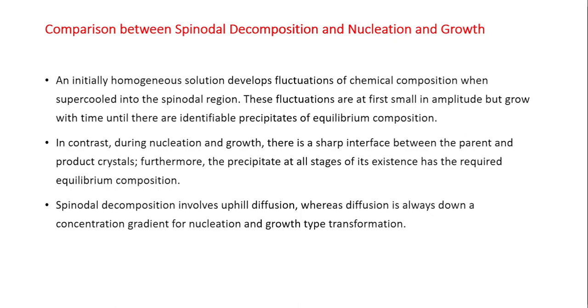In contrast, during nucleation and growth, there is a sharp interface between the parent and the product crystals. Furthermore, the precipitate at all stages of its existence has the required equilibrium composition. Spinodal decomposition involves uphill diffusion, whereas diffusion is always down a concentration gradient for nucleation and growth type of transformations.